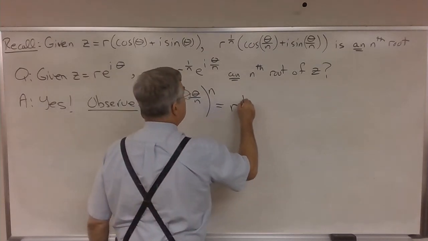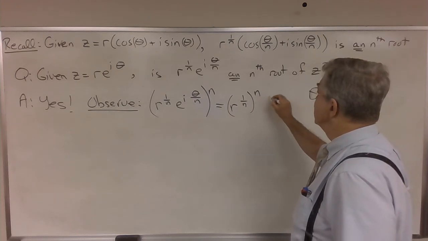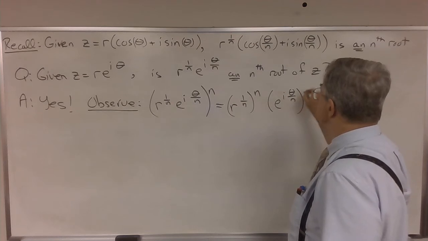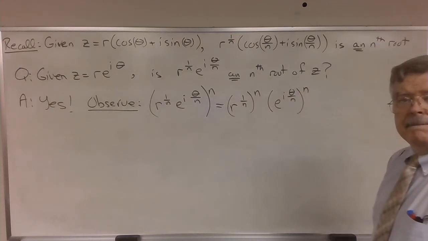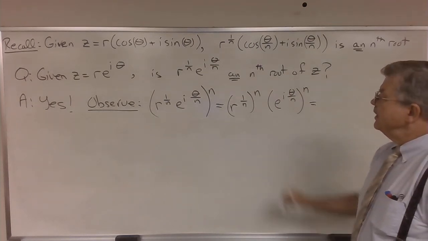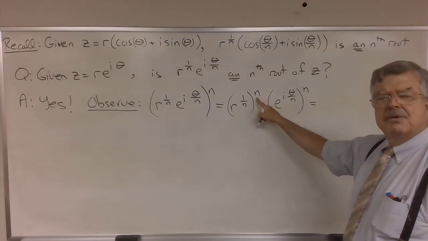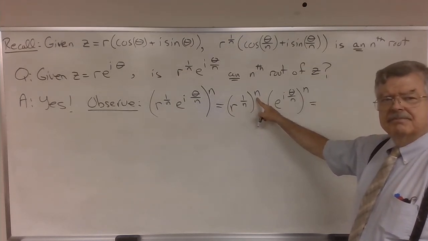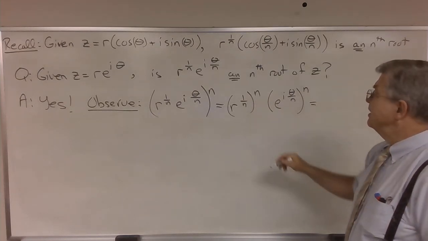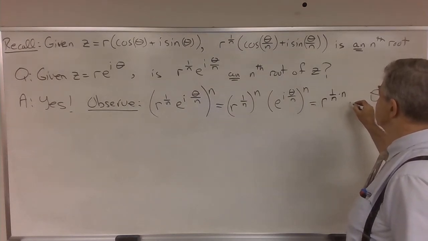So we have r to the 1 over n raised to the n, times e to the i times theta over n raised to the n. We have something raised to a power, in turn raised to a power. What do the exponents do? That's right, they multiply. So we get r to the 1 over n times n.